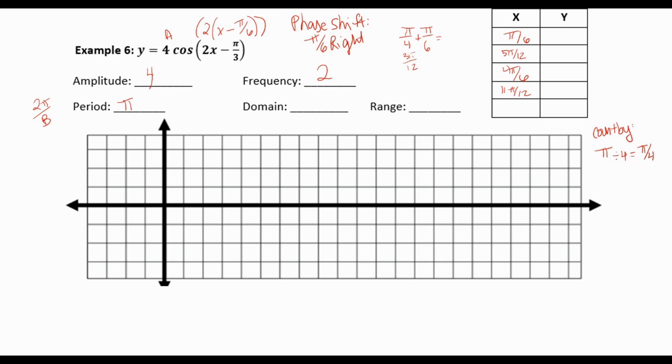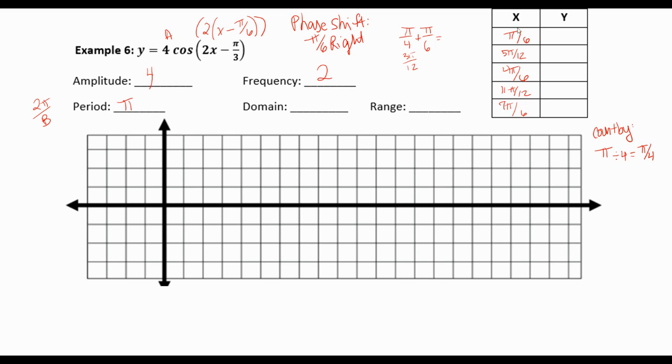And 11pi/12 plus 3pi/12, again, we're using 3pi/12 as our pi/4, gives us 7pi/6. And I always find it so satisfying to look at my starting value, which is pi/6, and my end value, 7pi/6, knowing that the distance is pi, which is one full period, which makes this all work out so beautifully.